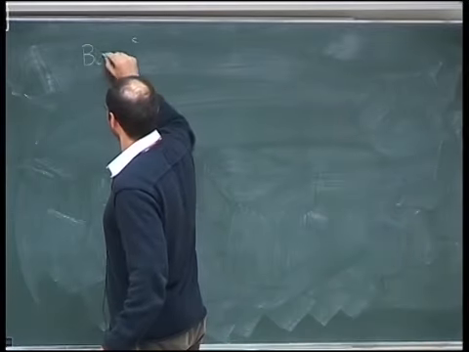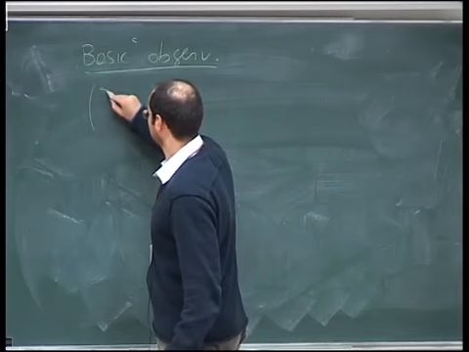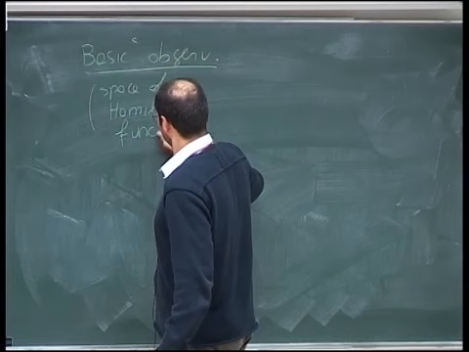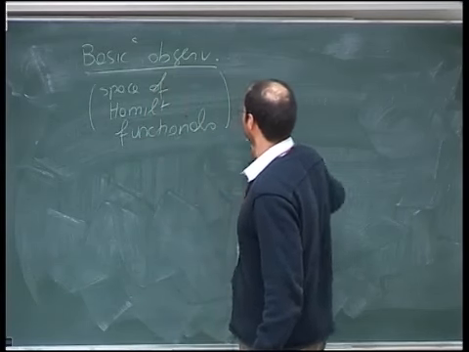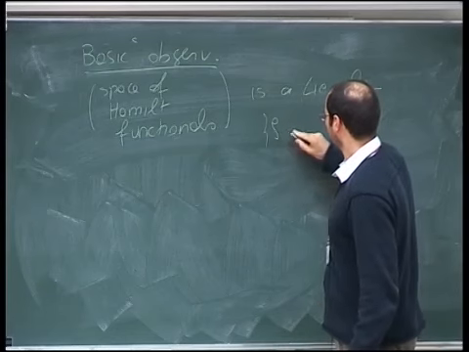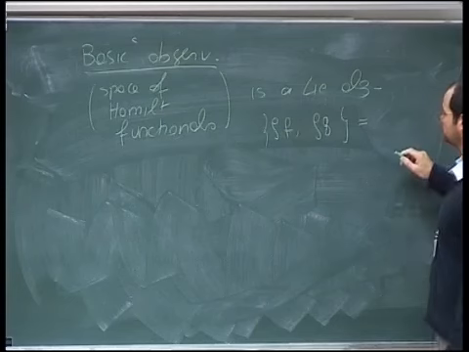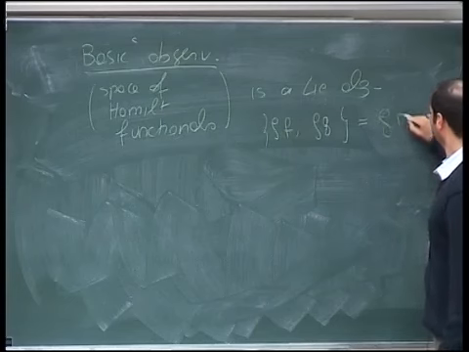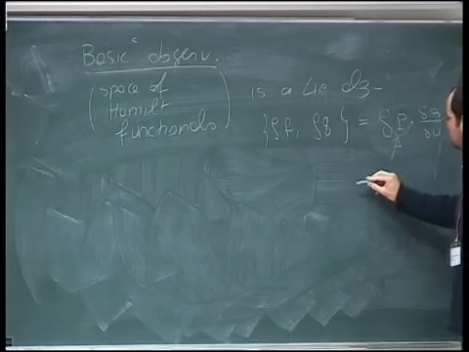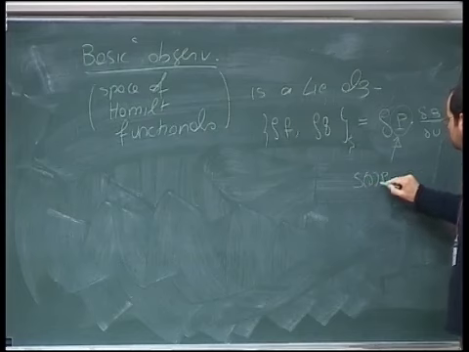We have the analog of the basic observation: that the space of Hamiltonian functionals is a Lie algebra with Lie bracket the integral of f, the integral of g, equal to the integral of P times dg/du, where this P is such that, associated to a certain symplectic structure S, S of dp is df/du.